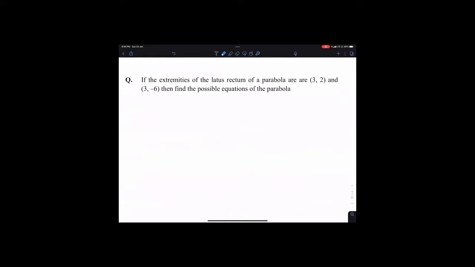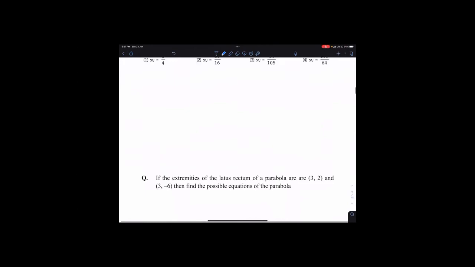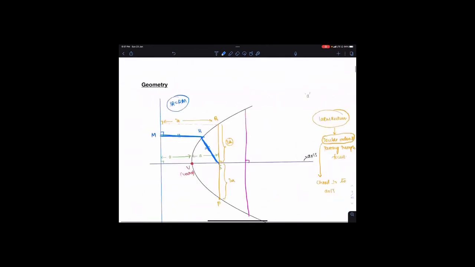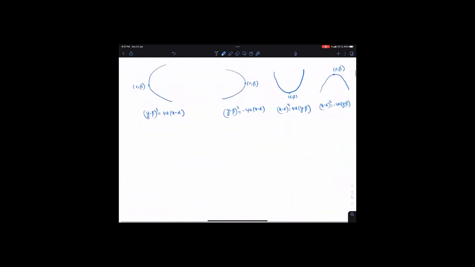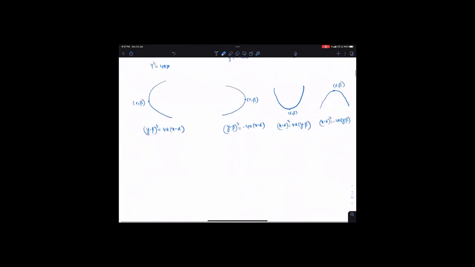The form which we have seen just now is helpful whenever the parabola equation is not given, but you need to find the equation. Whatever form we have seen, to find the parabola equation you just need to know 3 things. What are those 3 things?